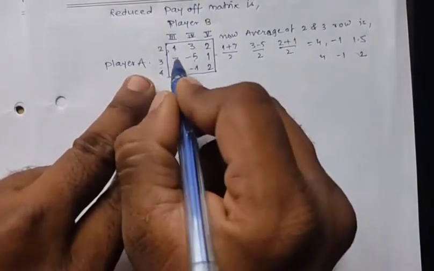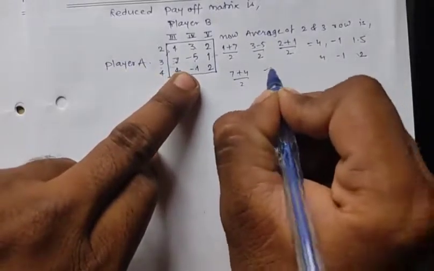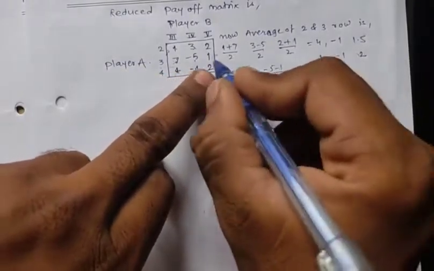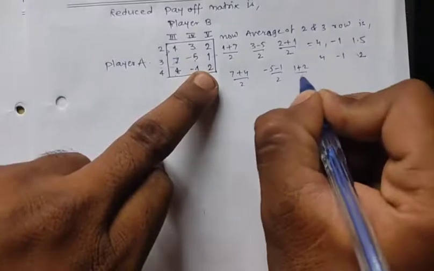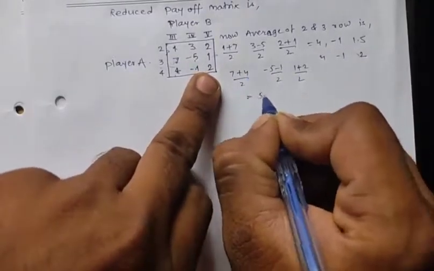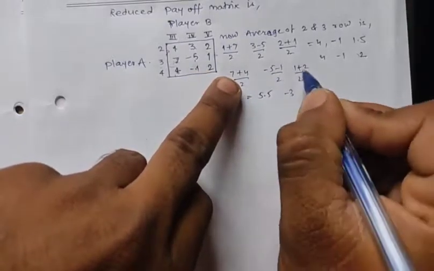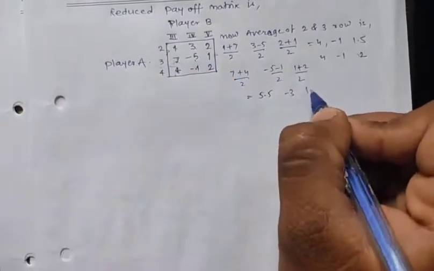Now if we take the average of these two, 7 plus 4 upon 2, minus 5 minus 1 upon 2, and here 1 plus 2 upon 2. After calculating, 7 plus 4 is 11 upon 2, which is 5.5. Next minus 6 upon 2 is minus 3, and 3 upon 2 is 1.5.